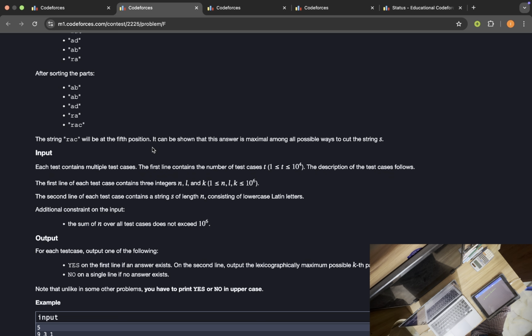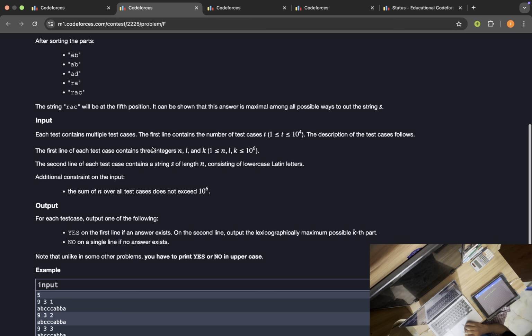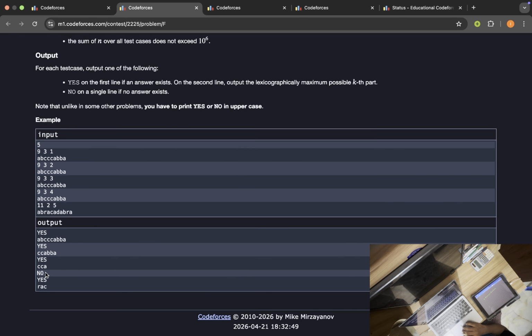On the second line, I put the lexicographically maximum string. NO in a single line if no answer exists. When no answer exists, this one, L is three, three. Okay, this makes sense.